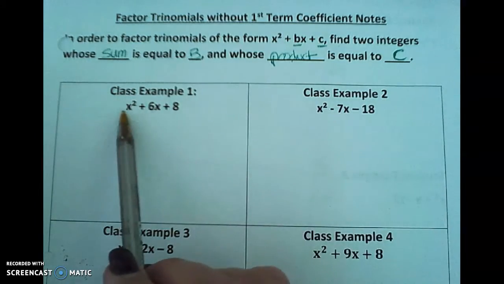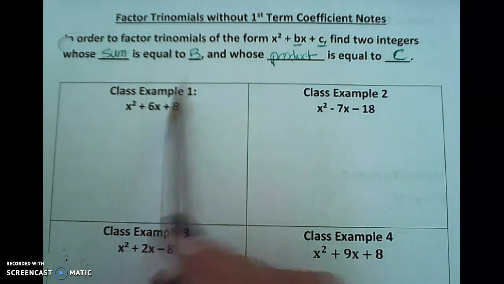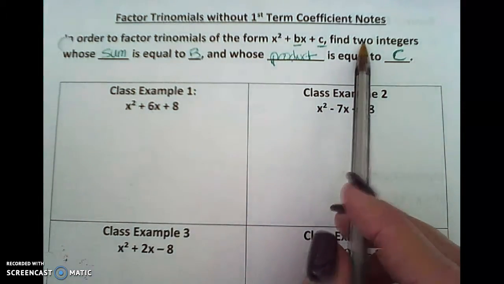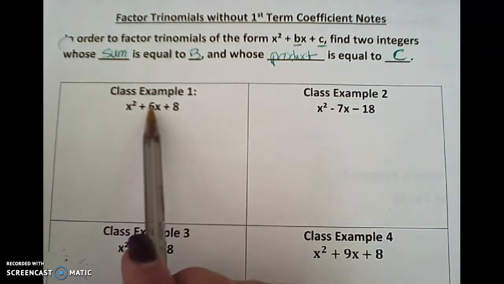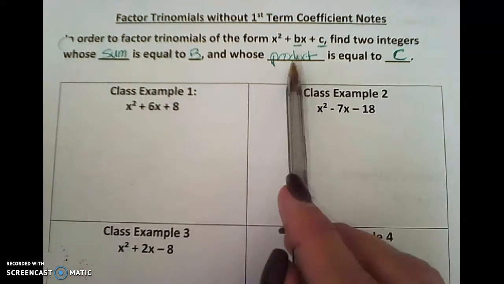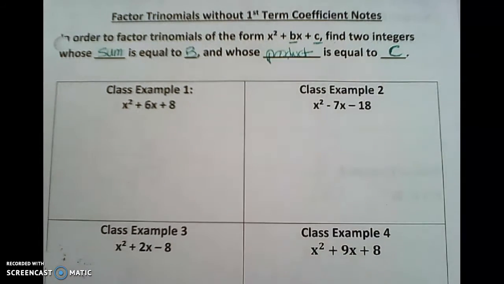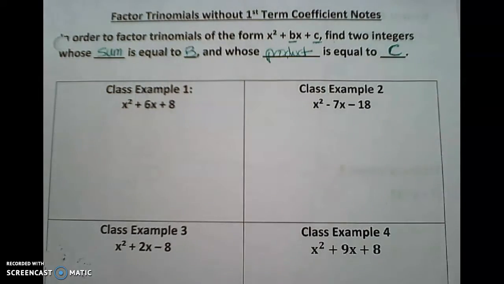Okay, no first term coefficient. The two integers that we find are going to add to be b, the sum will be b, and they're going to multiply to be c. The product of those two integers is c.